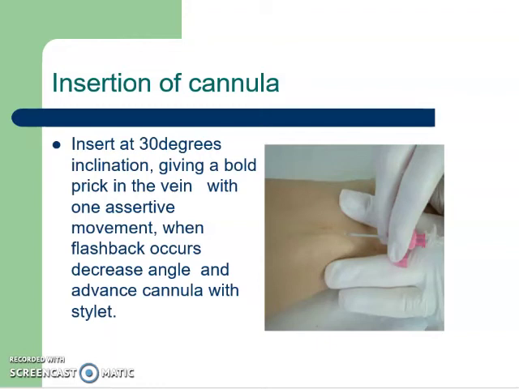And how will you judge that the cannula has entered the vein? You will get a flashback of blood. Then you decrease the angle of the cannula to the skin and advance the cannula with the stylet inside.